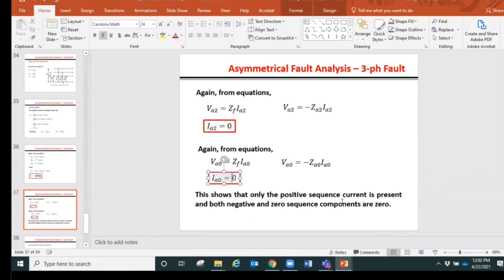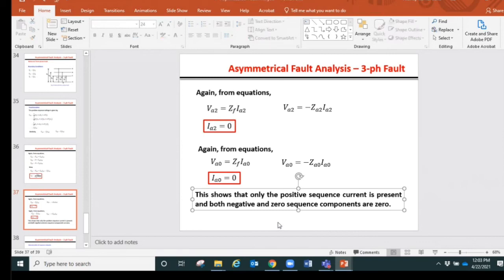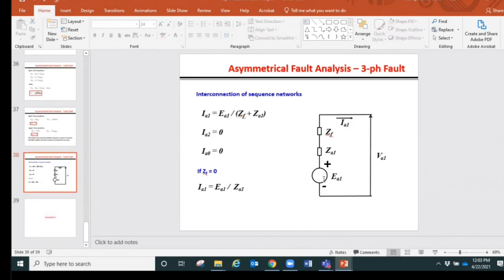IA2 and IA0 are absent, which means we don't need to worry about the negative sequence current and zero sequence current for drawing the sequence networks. That's why it is just positive sequence voltage and positive sequence impedance, and the other two, negative and zero sequence, are absent.